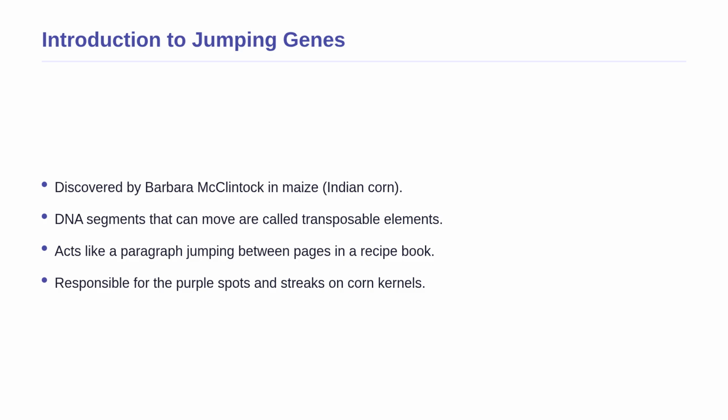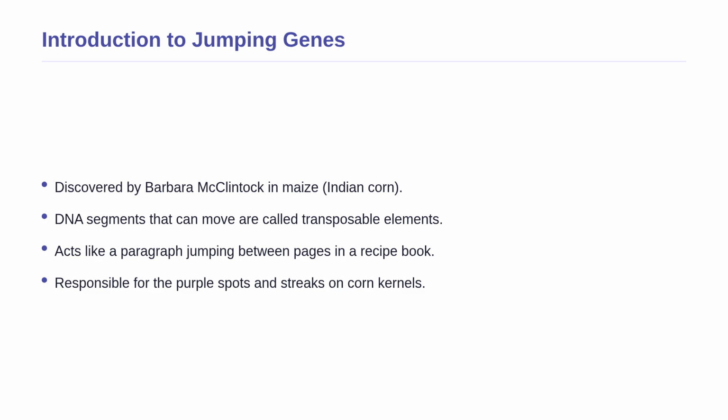To start our journey, imagine you are reading a beautifully written recipe book, but suddenly a whole paragraph magically unglues itself, jumps a few pages ahead, and pastes itself right in the middle of a cake recipe. The recipe is now completely changed. In the world of genetics, this exact phenomenon happens inside the DNA of living organisms.